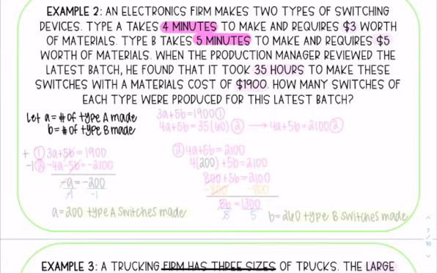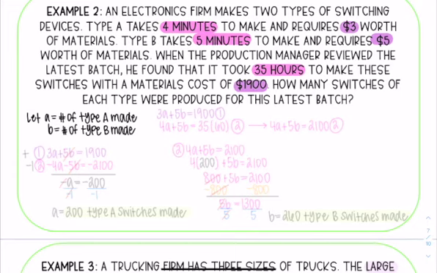And total, we have 35 hours. Type A is $3. Type B is $5. and we have a total cost of $1,900.